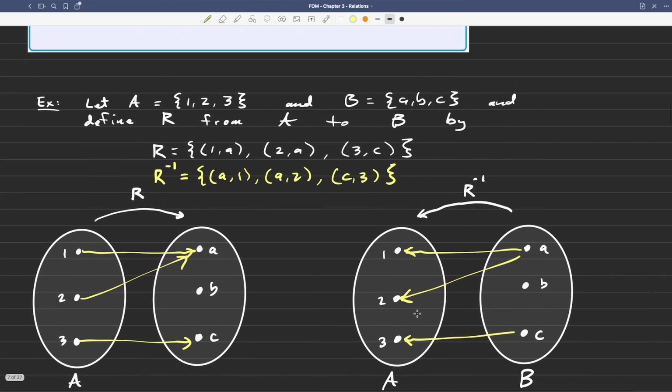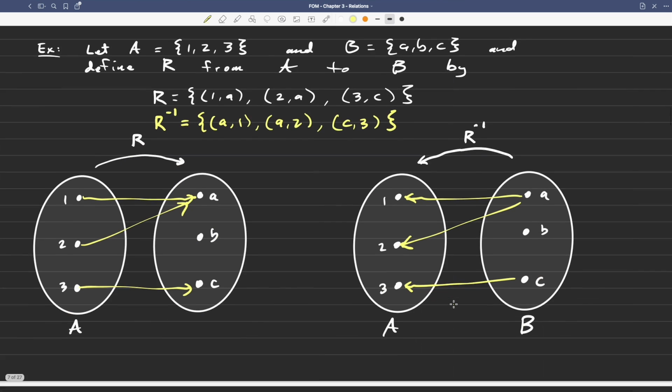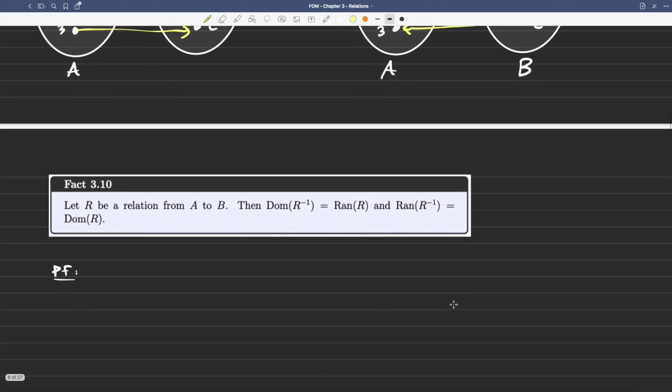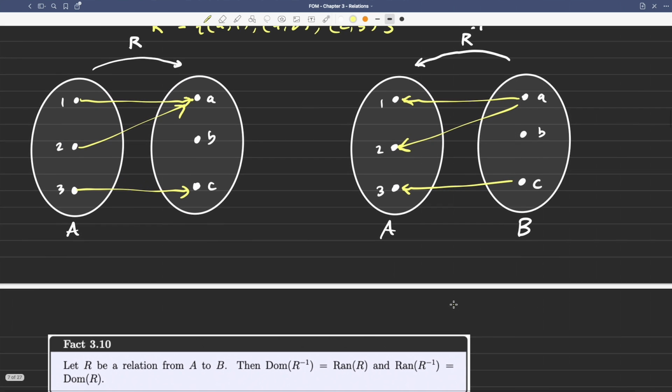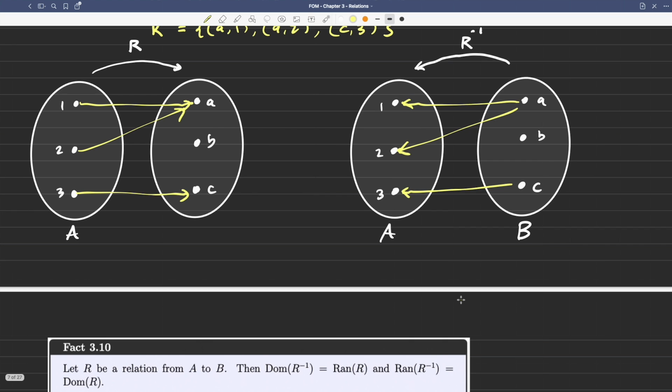So conceptually, an inverse relation is very simple. Just do the old switcheroo on every ordered pair in the original relation, and you get the inverse relation. So that's nice. One fact that presents itself, and is kind of obvious from the way that inverses are defined, is that if you've got a relation from A to B, the inverse, because it interchanges all the components of the ordered pairs, interchanges domain and range.